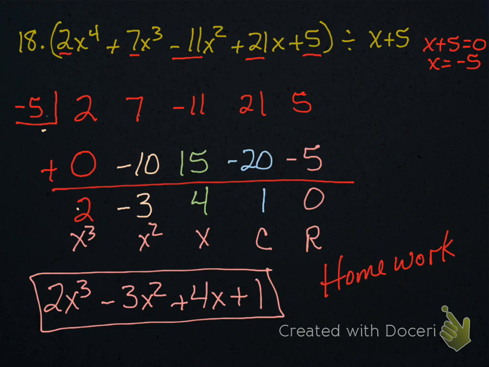In the rest of that section, we're going to do 13, 14, 17, and 20. In the next section, we're going to do number 21. It says use synthetic division and the remainder theorem. So I want you to do it both ways. I want to see you do it both ways and see if you come out with the same answer. We're going to do number 27 on that section.